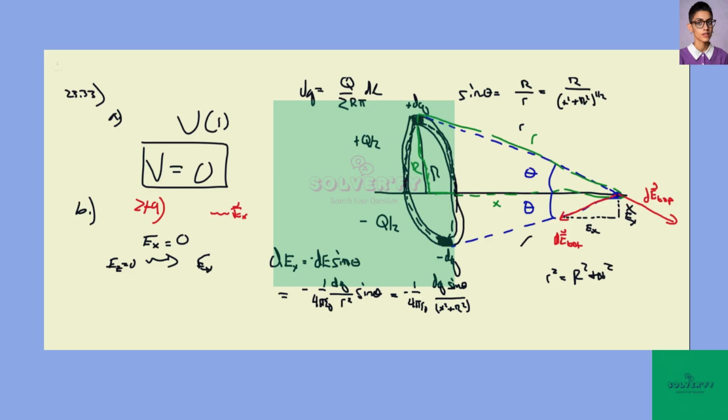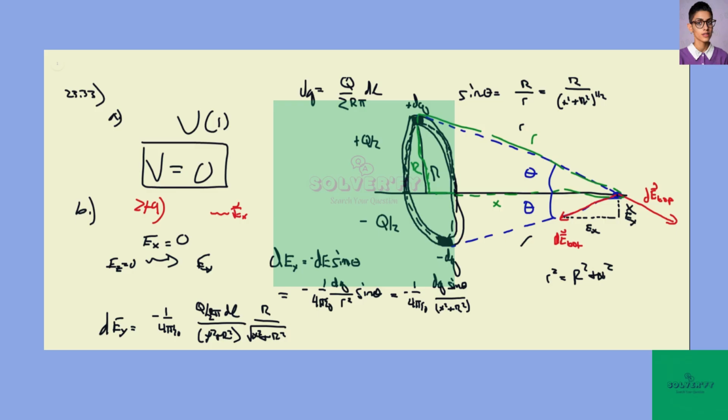So with all of these substitutions, let's go back here and we have dEy now equals -1 over 4 pi epsilon naught, and then we have Q over 2 R pi dl over x squared plus R squared, times R over the square root of x squared plus R squared. Okay.